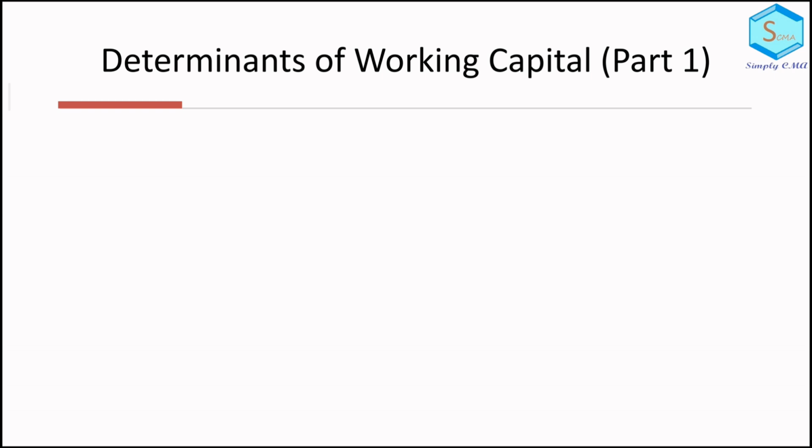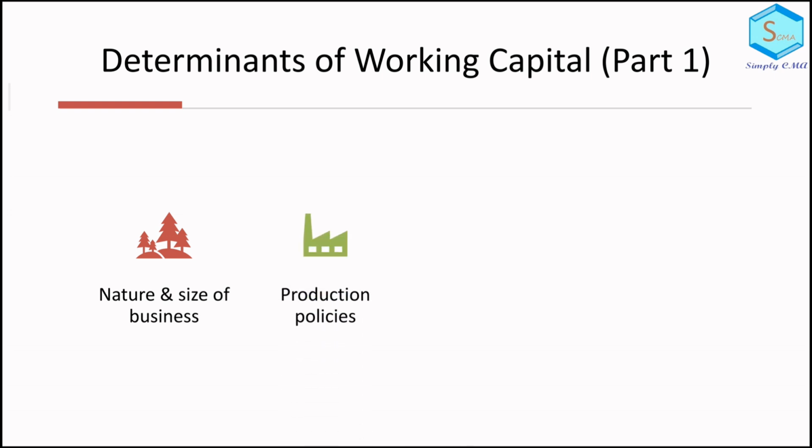Next is determinants of working capital. What are the determinants? Nature and size of business. Based on the nature and size of the business, we have to decide what should be the working capital of the organization. Then production policies. What policies the company is following for producing the goods?